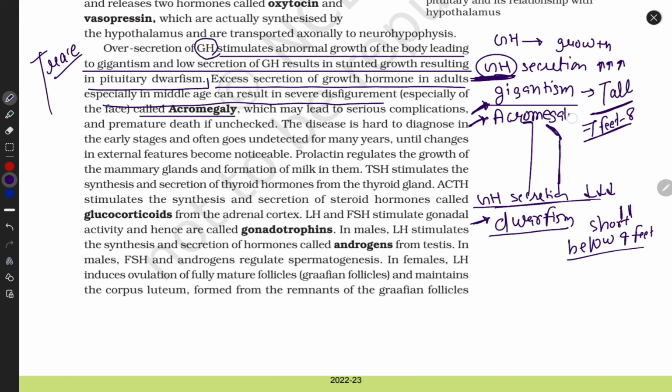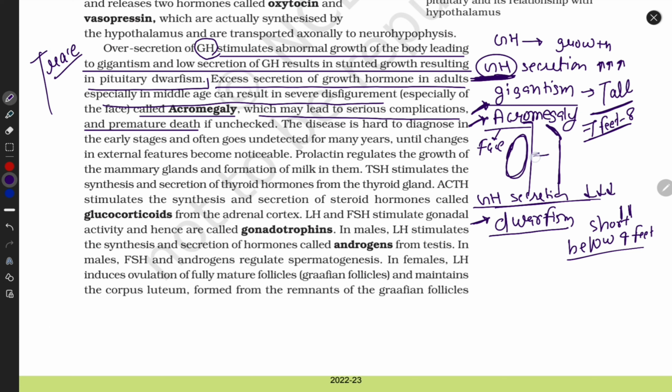This is the disease name. Their face is long, their neck long, their back long, their head long. Okay, which may lead to serious complications and premature death.